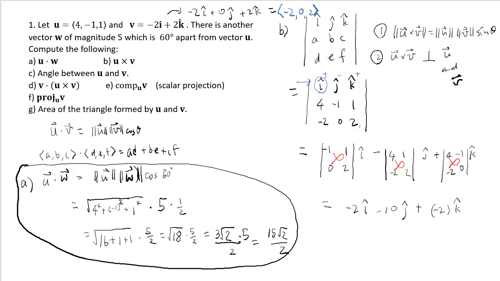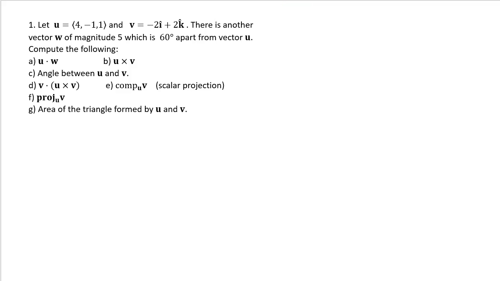Okay. Now let me go to the next question. C, angle between u and v. Well, for this, the formula is that cosine of the angle between is u dot v divided by the norm of u times the norm of v.